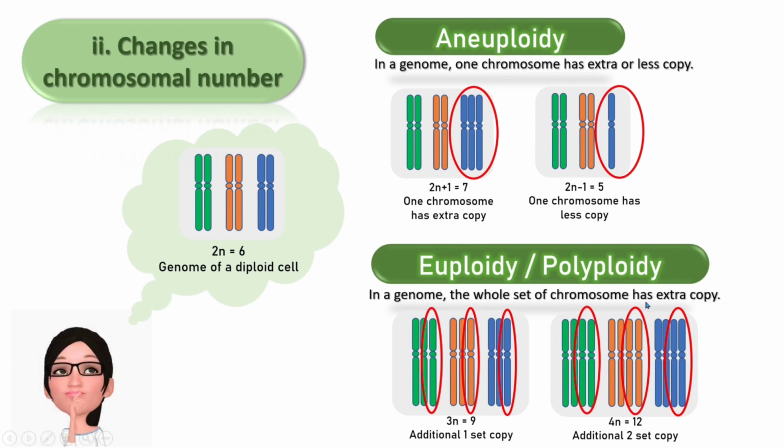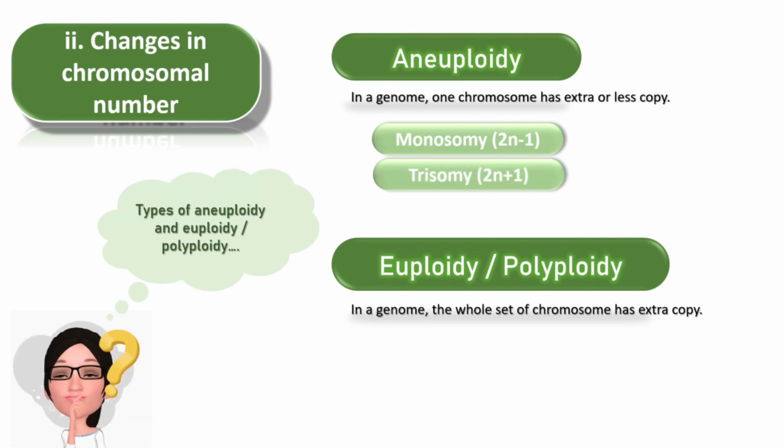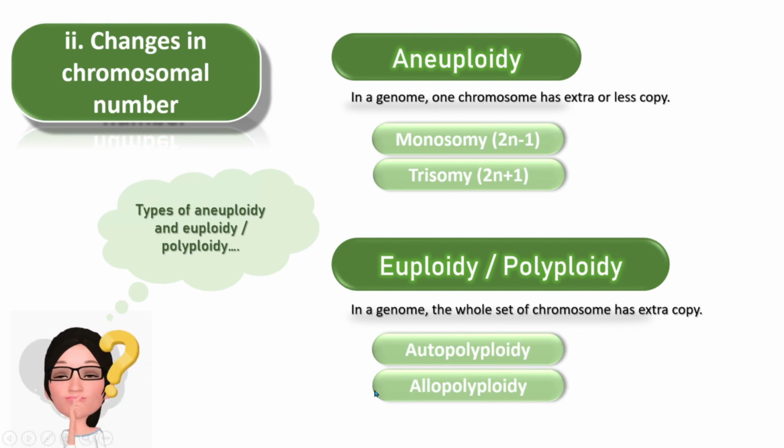Aneuploidy divides into 2 types, which are monosomy 2n-1 and trisomy 2n+1. Euploidy or polyploidy divides into 2 types, which are autopolyploidy and allopolyploidy.